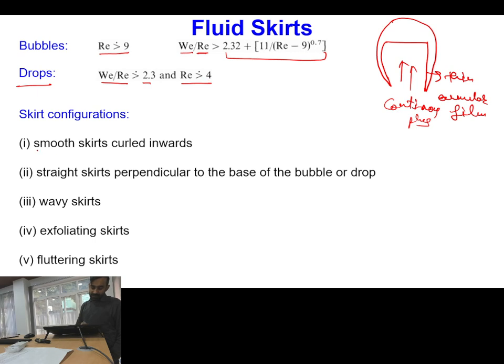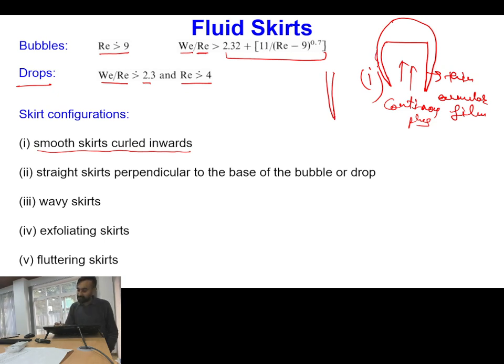One is called smooth skirts curled inward. Whatever I have drawn over here is category 1. If you have straight skirts perpendicular to the base of the bubble or drop, meaning this thin film becomes straight at the trailing edge, then we call it category 2.